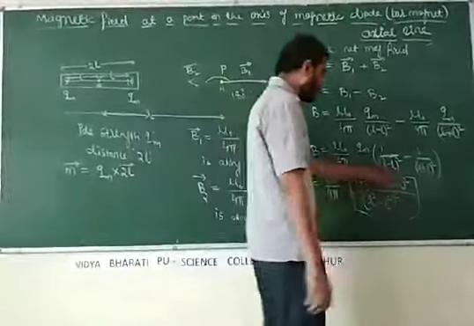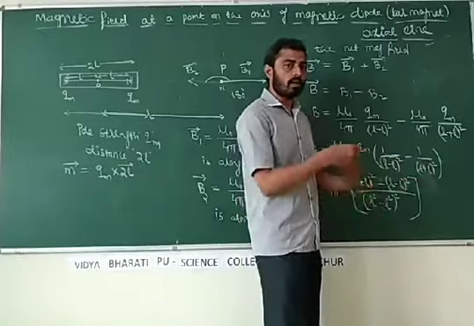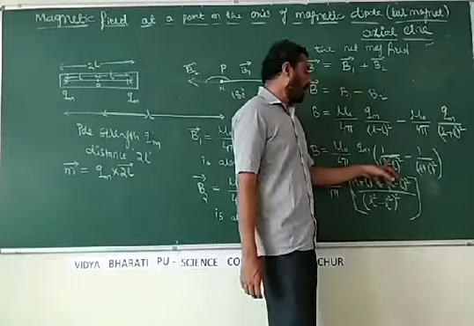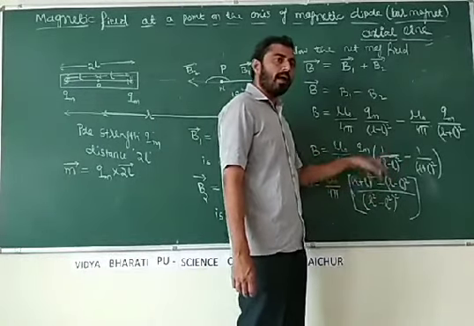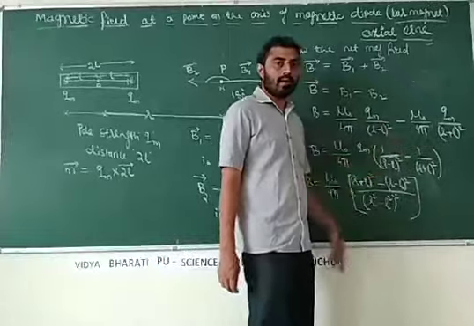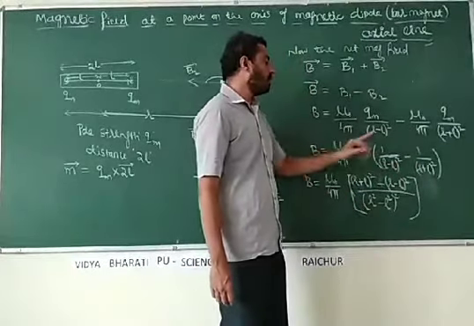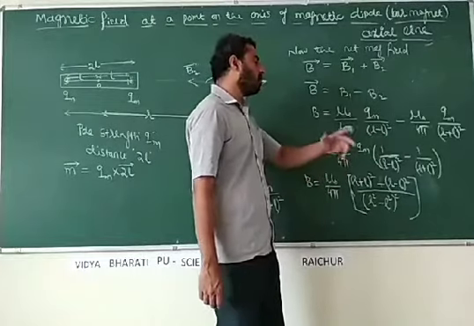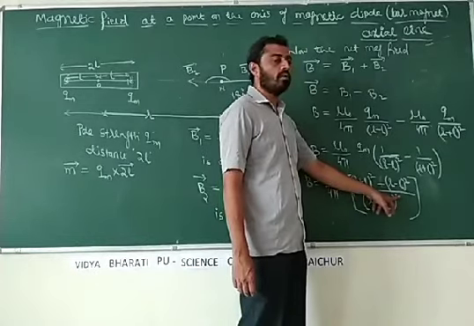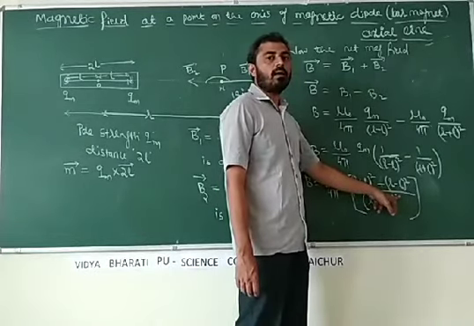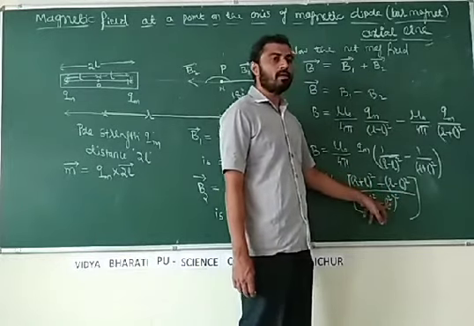If you want to write (r minus l) whole square into (r plus l) whole square, then multiply them. Finally, you will get r to the power of 4 plus l to the power of 4 minus 4rl. On multiplying these two denominator terms, r to the power of 4 plus l to the power of 4 minus 2r square l square can be written as (r square minus l square) whole to the power of 2, just like (a minus b) whole square. But here our a is r square, b is l square.